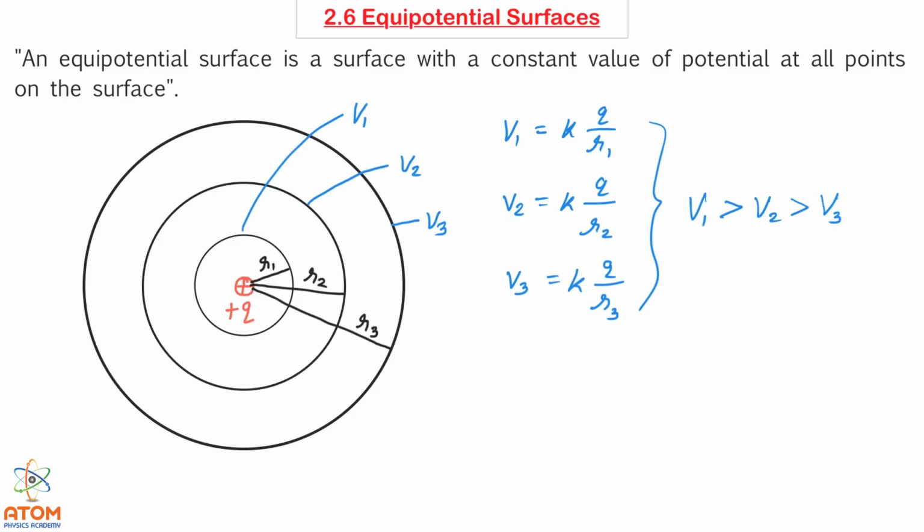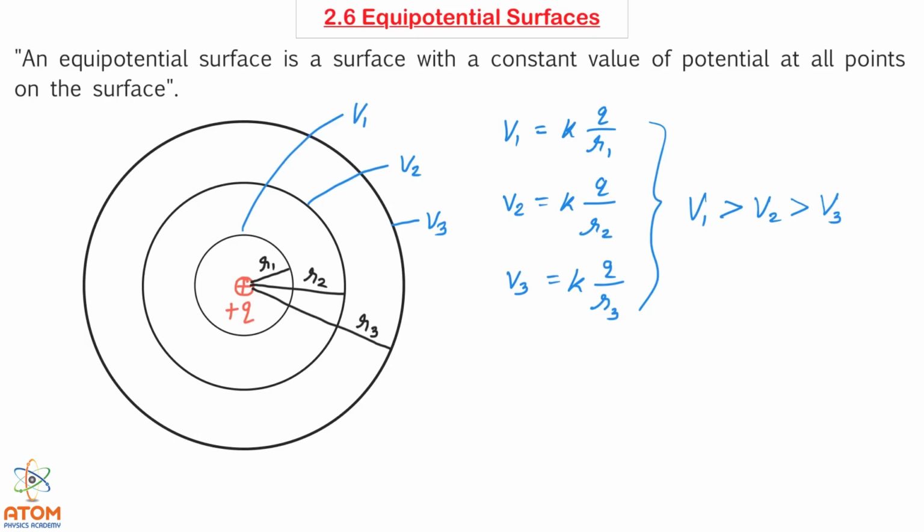Mind well, if I take here a negative charge, then the equation is going to be the same, but the potential will be negative. Still, we can call these equipotential surfaces, because the point is to keep the potential the same. It's not important whether it is negative or positive, it should be the same throughout the surface.